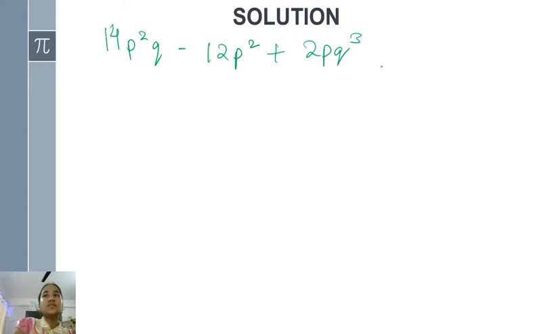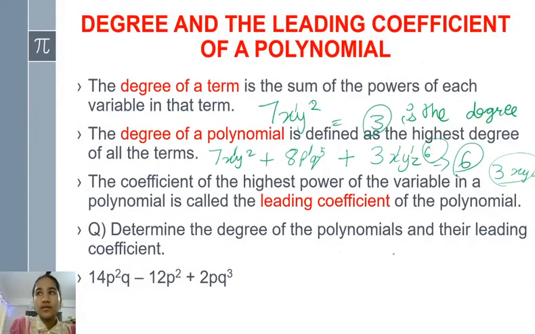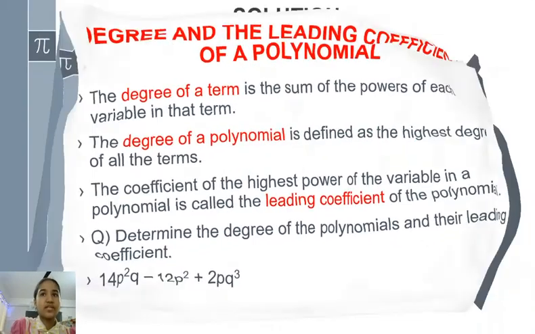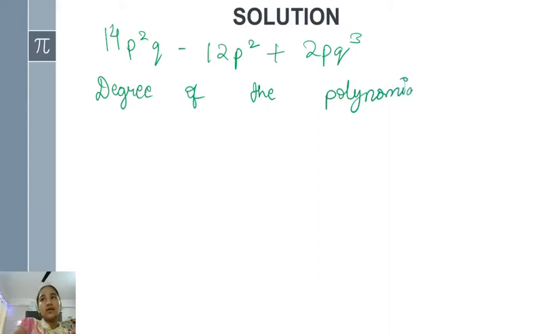So in this, determine the degree of the polynomial and the leading coefficient. What is the degree of the polynomial? Kindly check it. Yes, it's 3. So you are right, the degree of the polynomial is 3.